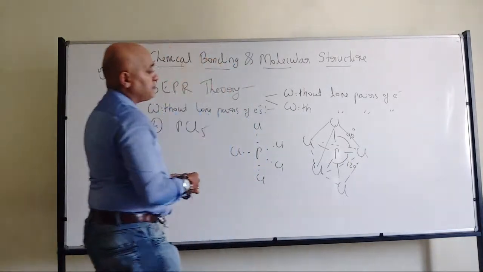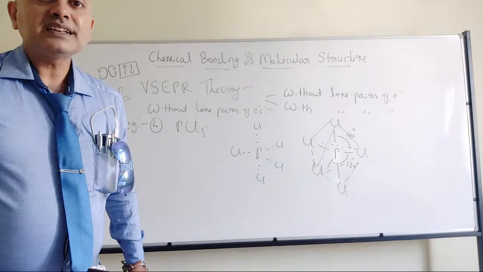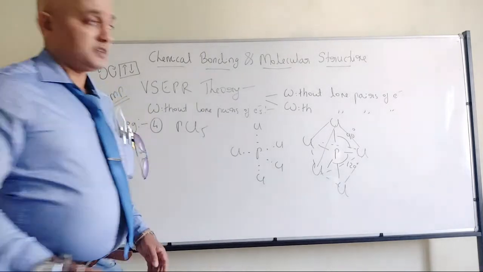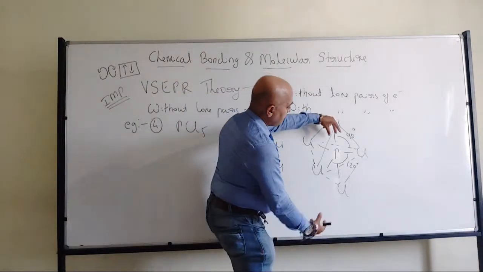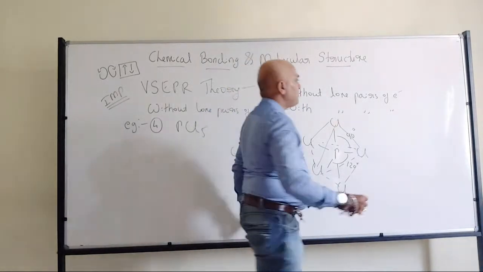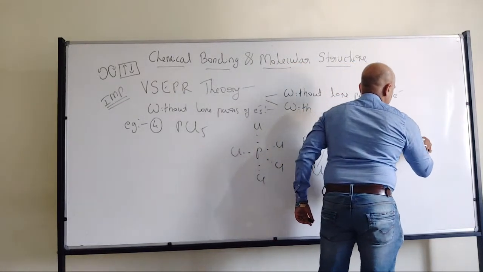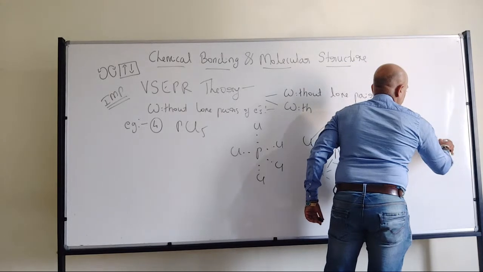So therefore it is called a trigonal bipyramid. Above one pyramid, below one pyramid. So it will have a trigonal bipyramidal structure.